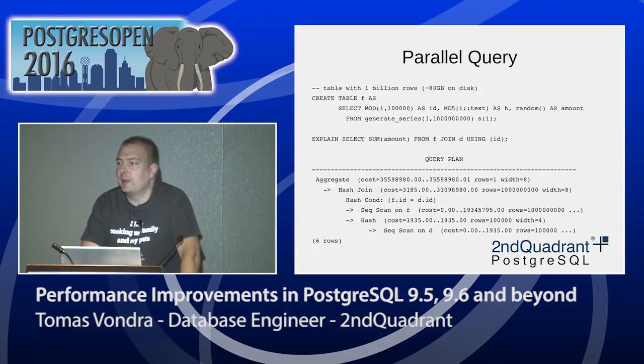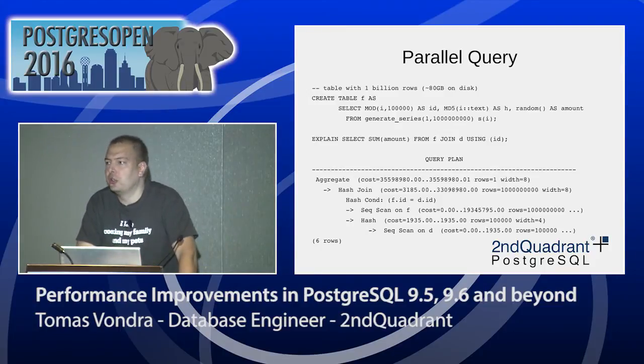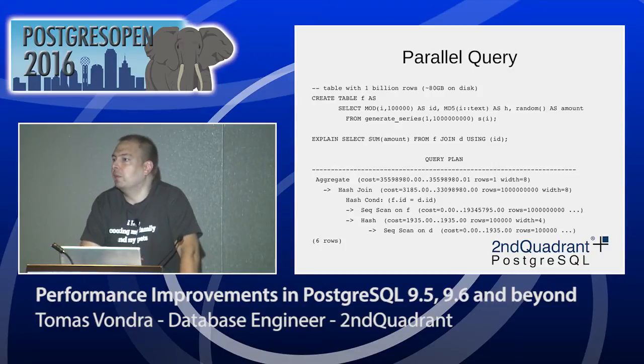It will simply do a sequential scan. In this case, the database decided to do a hash join, and then it will aggregate the data. It doesn't need to do any hash aggregate or group aggregate because there is no group by clause. So it will simply produce a single number, right?